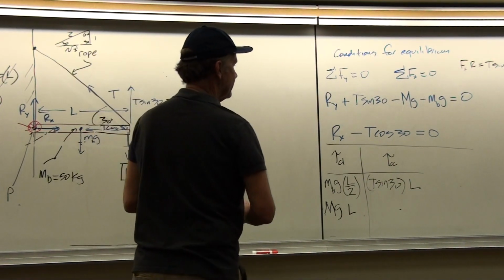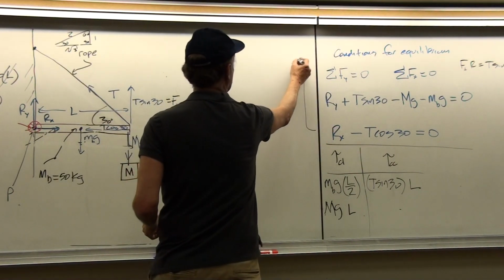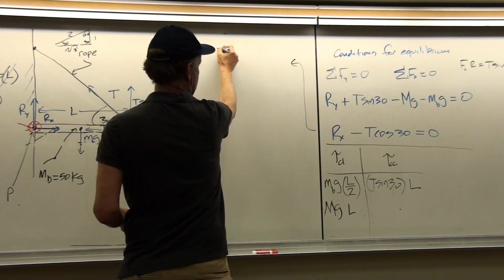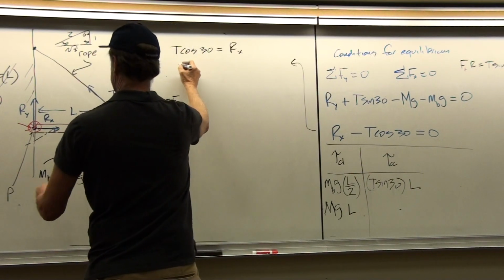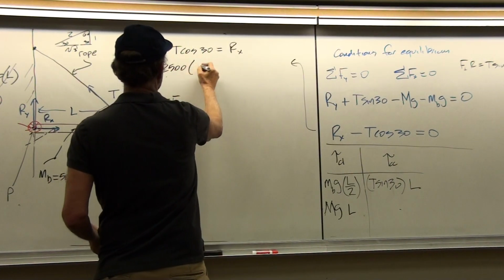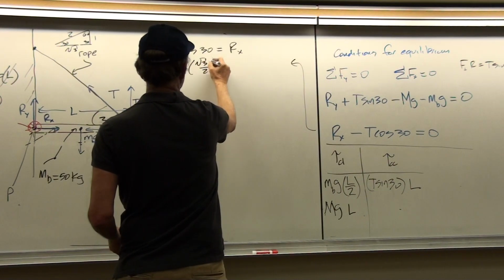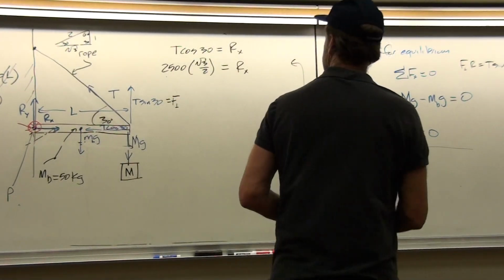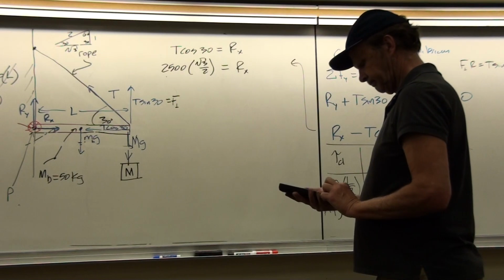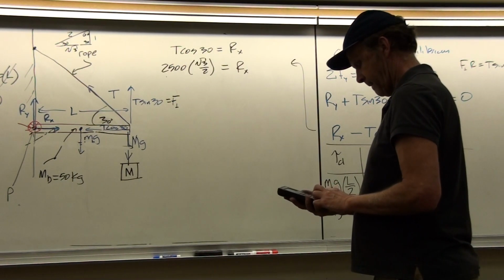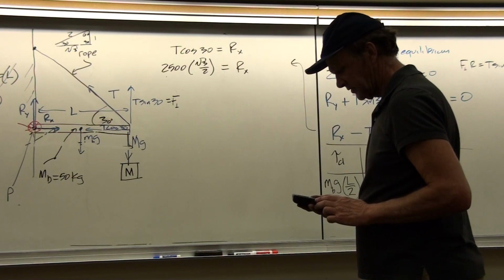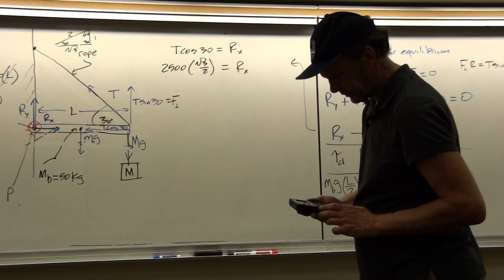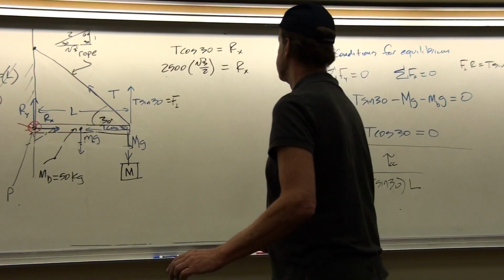Equation 2 is T cosine 30 equals Rx, and we have the tension, so that's 2,500 times root 3 over 2 equals Rx. And that gives us 2,160.